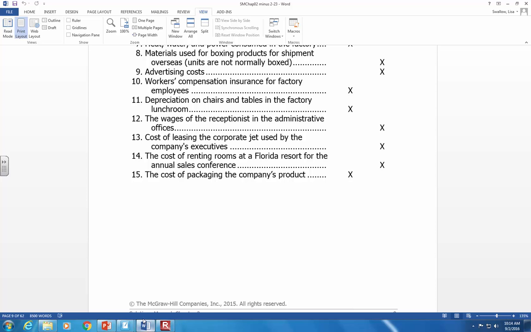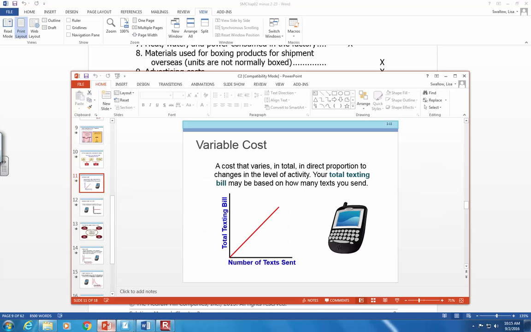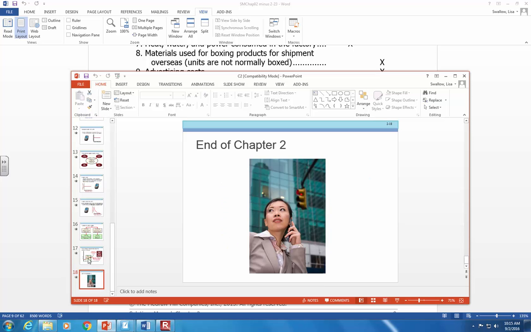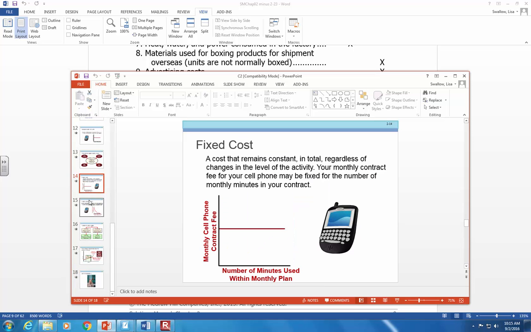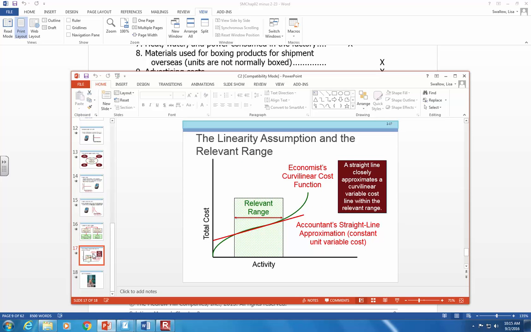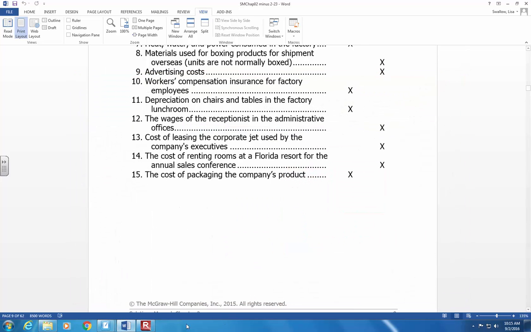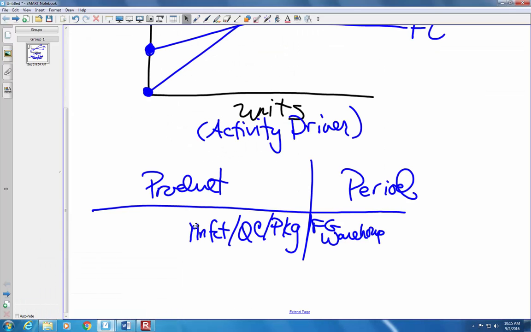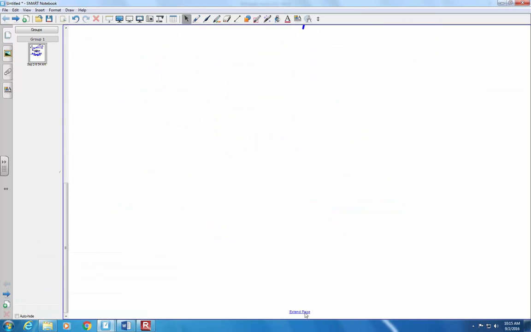Okay, let's continue to talk then about mixed costs. What we need to do with mixed costs is, this should look familiar to you.